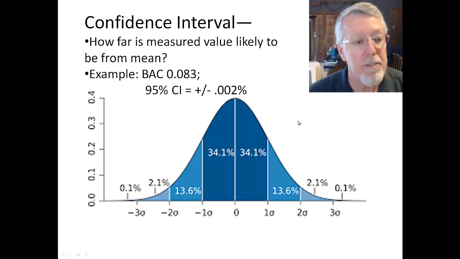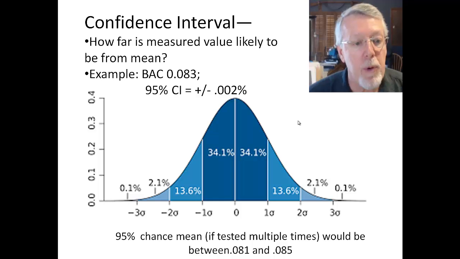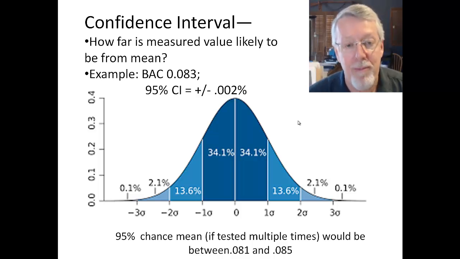So there's a 95% chance the mean would be between 0.081 and 0.085. And that tells us that it's unlikely that random error would produce a measurement as high as 0.083 if the true blood alcohol concentration was at 0.08 or lower.